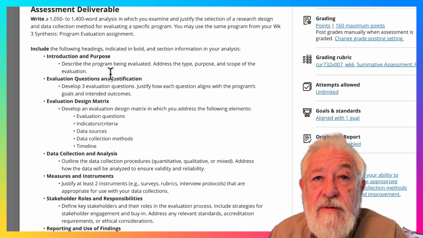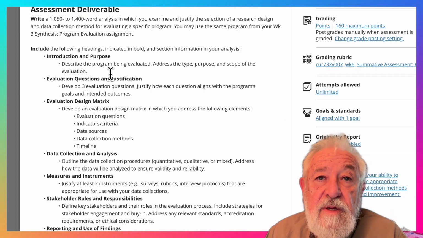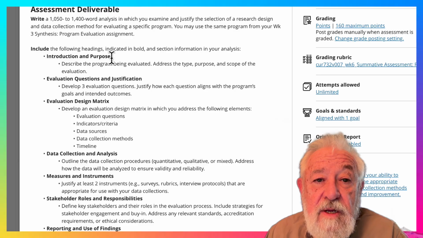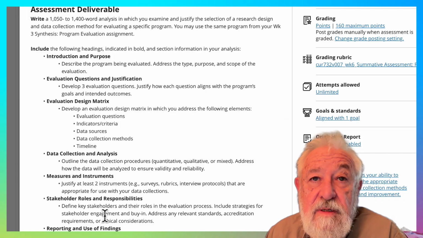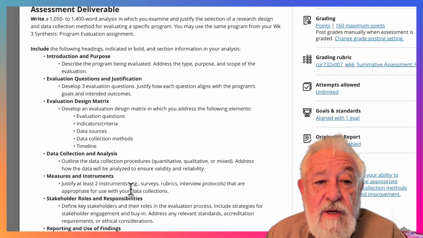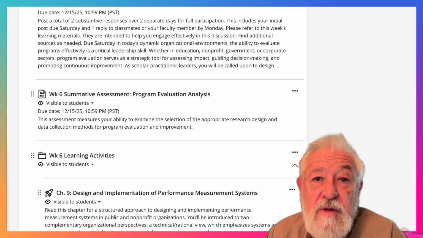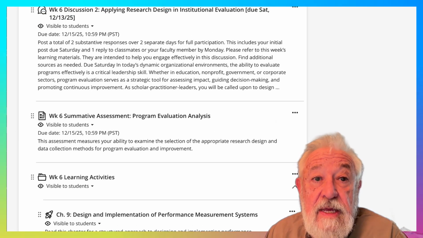If you're using the same program from week 3, particularly if you continue that through 6 and 8, you can see that most of this stuff has already been done, or you just add more to it. But this one you're doing a PowerPoint with voiceover. That's week 8. But think ahead is what I'm saying.